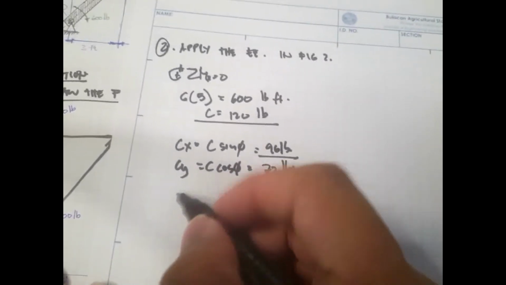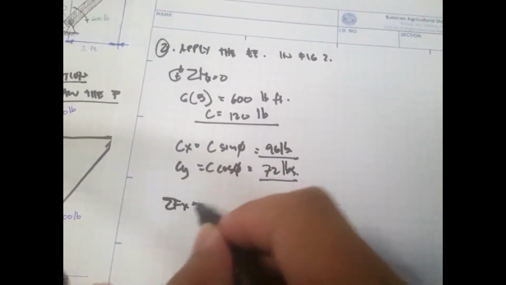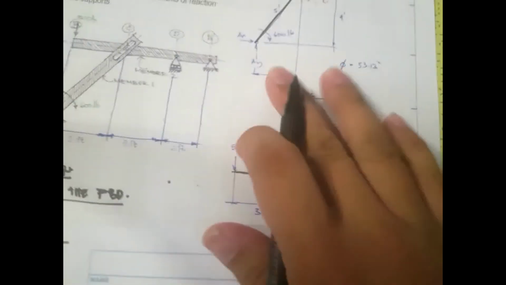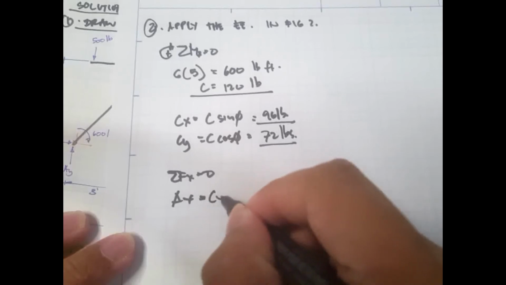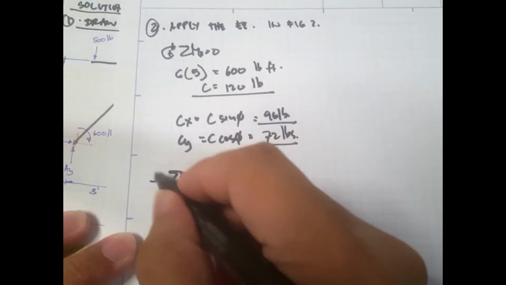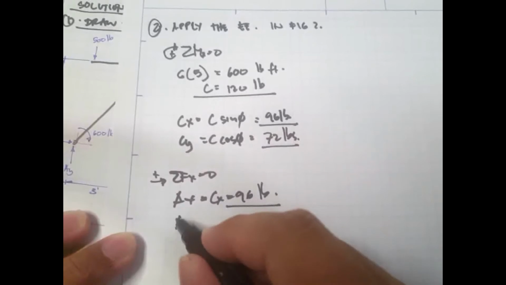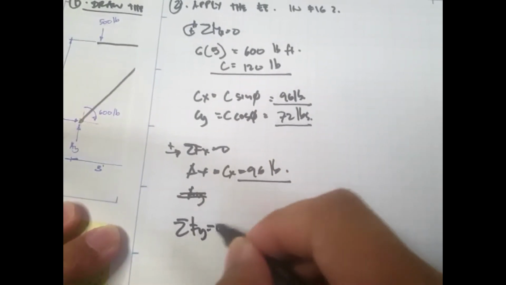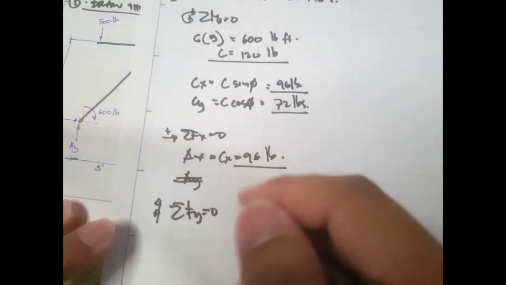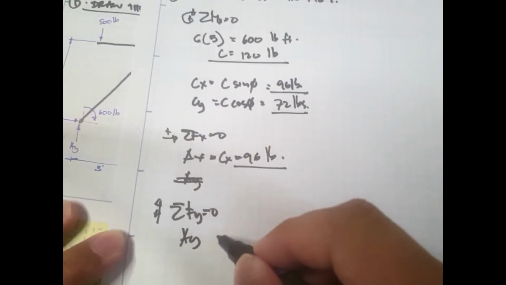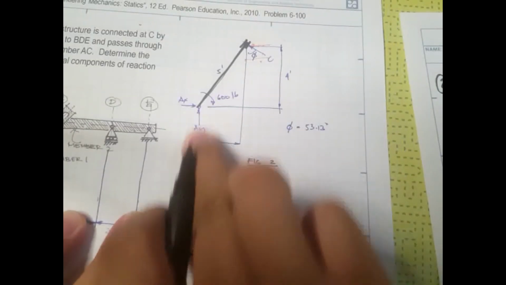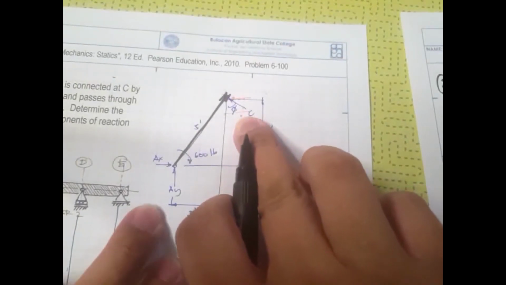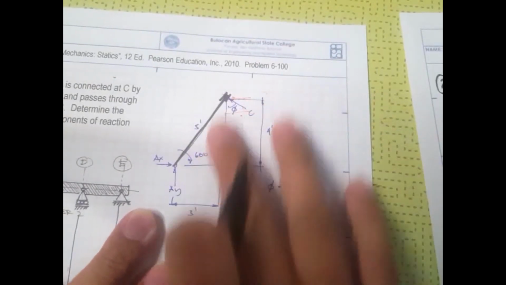Next, let's take summation of forces in x is equal to 0. So AX is equal to the x component, so AX is equal to CX, which is 96 pounds. And if we take summation of forces in y is equal to 0, AY is upward, and our solved value for C is also upward.